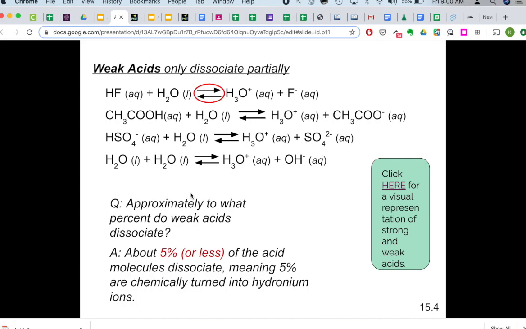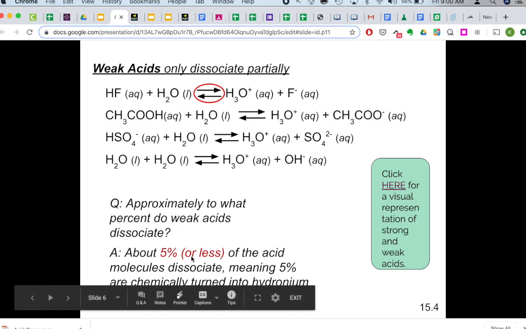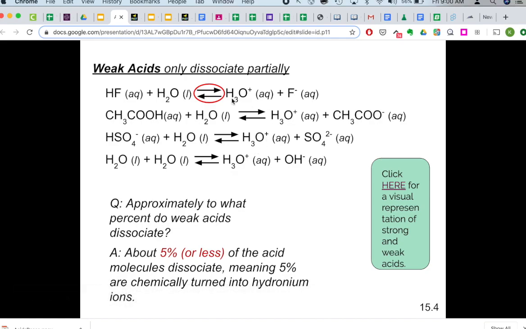So, just to summarize, only about 5% of weak acids dissociate. Only about 5% are converted into the hydronium ions. And what you'll notice right here, water can act as both a weak acid and a weak base, as we will find out.